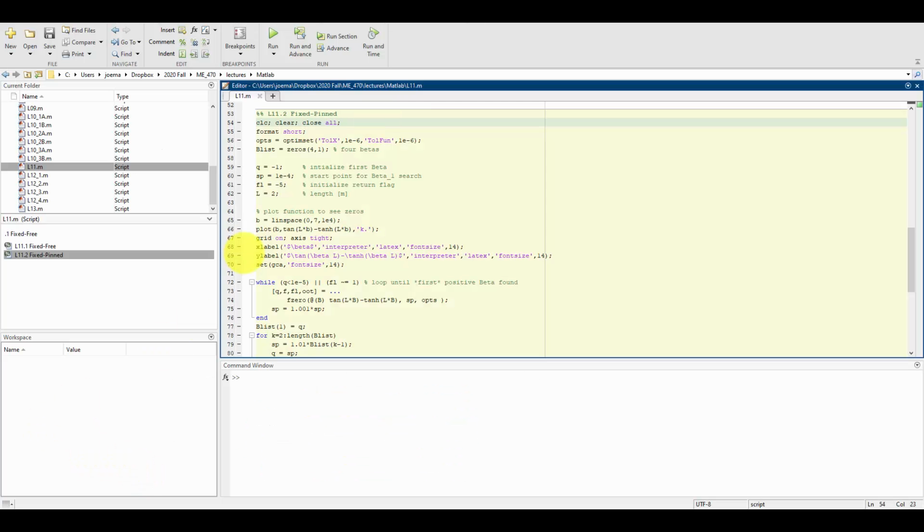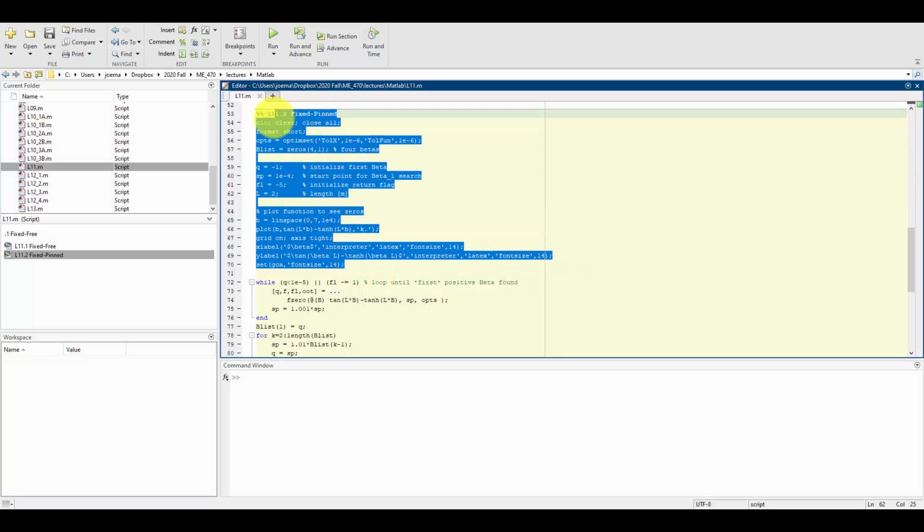Looking at the MATLAB, I established some of the parameters right away. Our length is 2, as it was in example 1, and I'm setting up some initializations for when we go into the loops to find all of the beta values that are the roots of this equation. So let's first just plot our function, this tangent minus tanh.